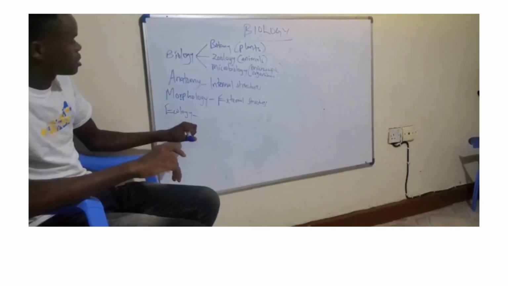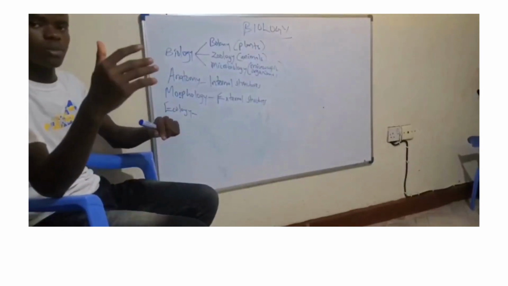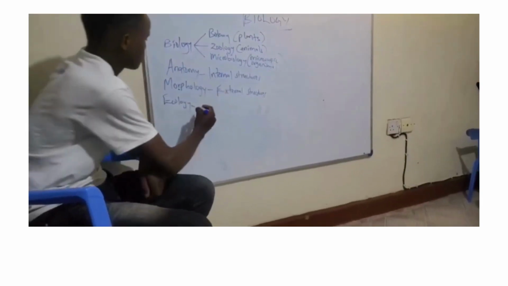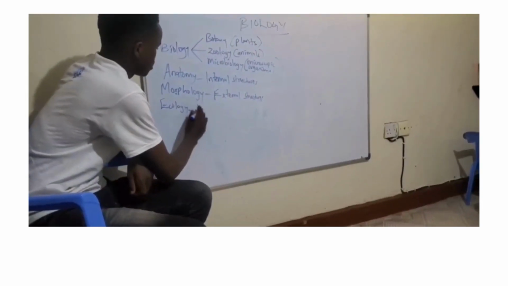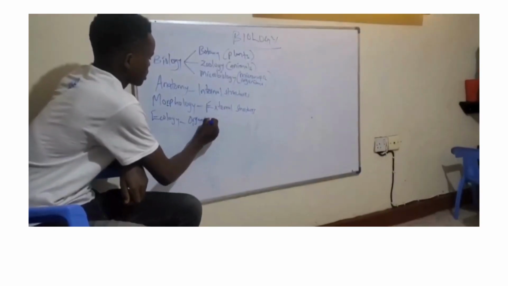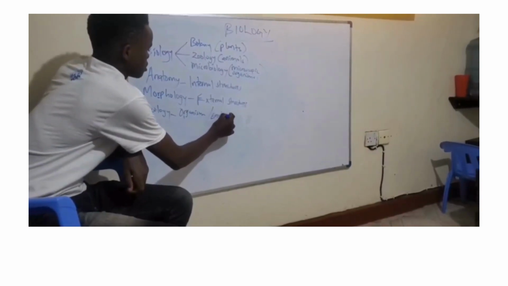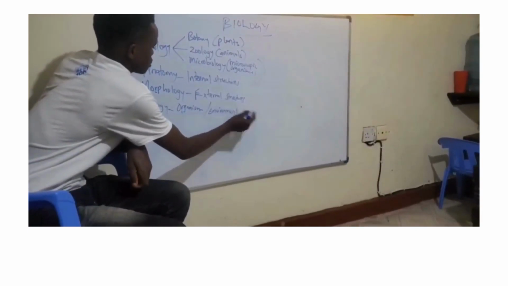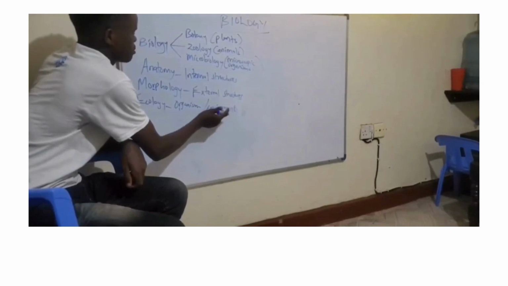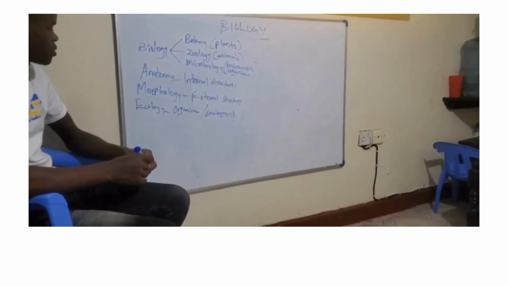So ecology is the study of living organisms in relationship to the environment. Here we're going to take a look at the organism itself and how it interacts with its environment. Also, environment has an N between O and M. Be keen with spelling in biology. So that's ecology.